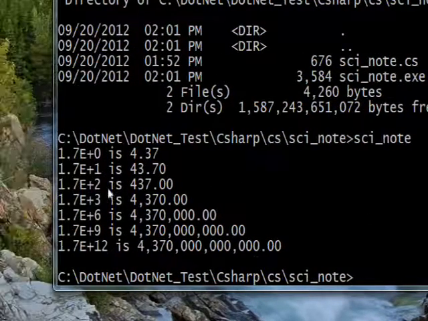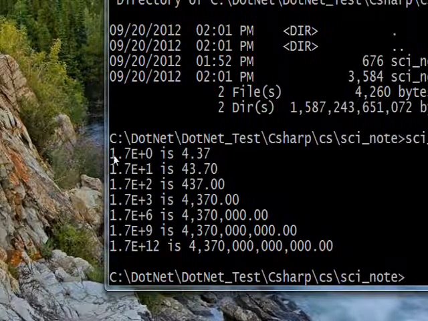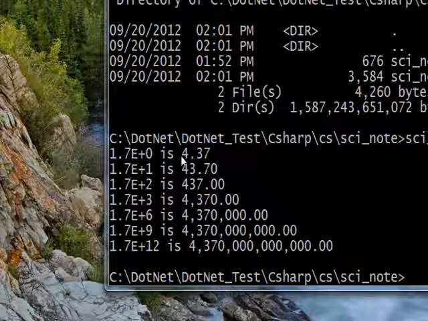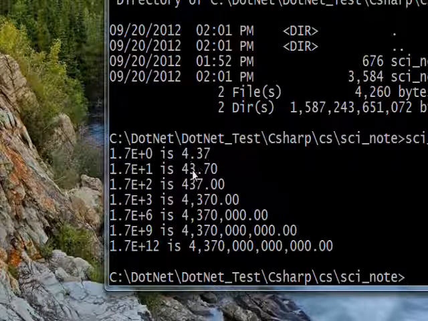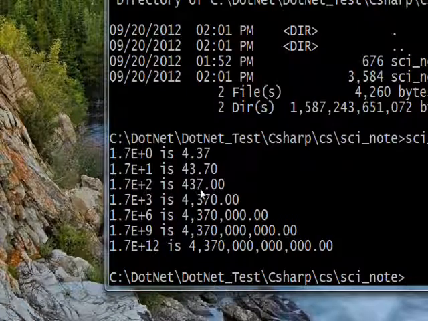you see we get the notation we're specifying, which I actually should have changed this to 4.37. I used to be 1.7. And if it's to the 0 power, we get 4.37. If it's to the 1 power, we get 43.7. If it's to the 2 power times 100, we get 437.